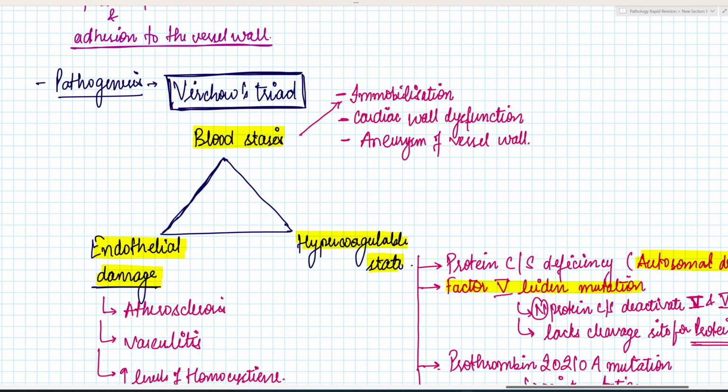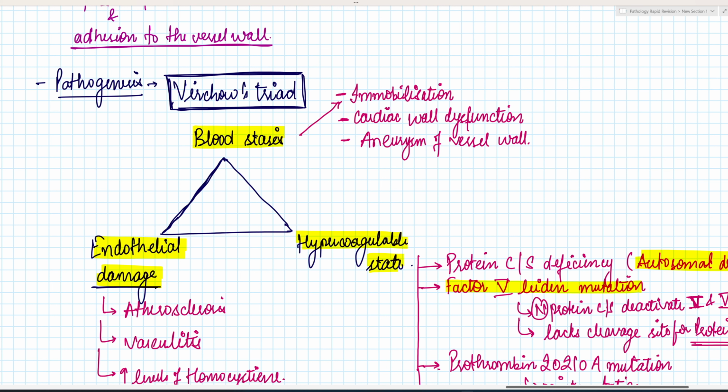Cardiac wall dysfunction can be seen in any pathology of the cardiac wall, for instance myocardial infarction, hypertrophic cardiomyopathy, cardiac aneurysm, and so on. So there can be multiple causes of cardiac wall dysfunction, but the main one is myocardial infarction.